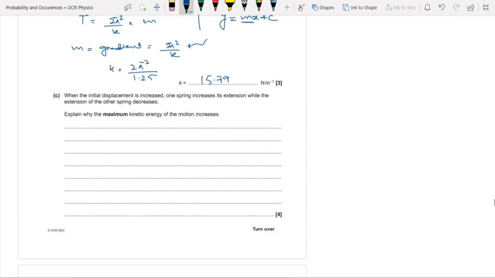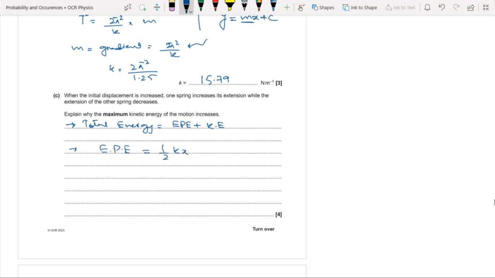When the initial displacement is increased, one spring increases its extension while the extension of the other spring decreases. Explain why the maximum kinetic energy of the motion increases. All right, so we know that the total energy is the sum of elastic potential energy plus the kinetic energy. And we also know that elastic potential energy is equal to half kx squared.